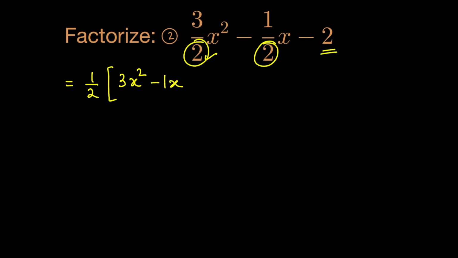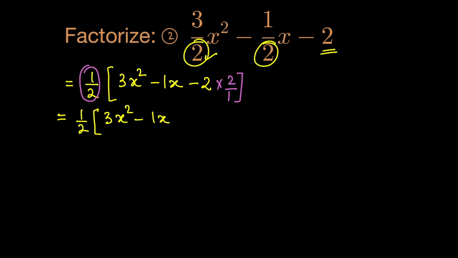There was no 2 in the denominator here, so we write 2 and flip this number, we write the reciprocal, 2 over 1. So the expression we get is 1/2 times 3x squared minus 1x minus 4. If you relate it with the quadratic ax squared plus bx plus c, in the bracket we don't have any fraction now, so it's easy to do.